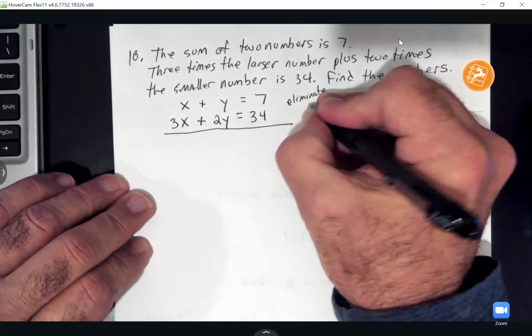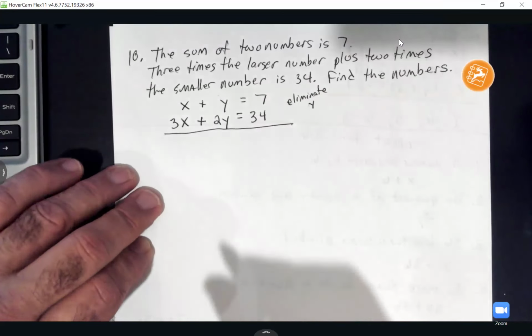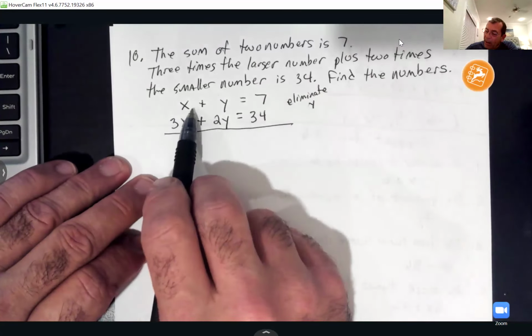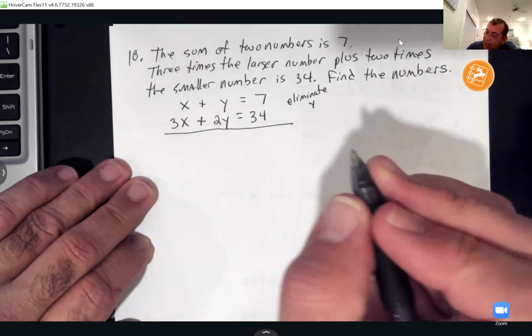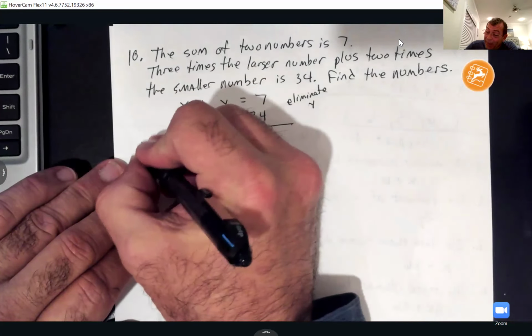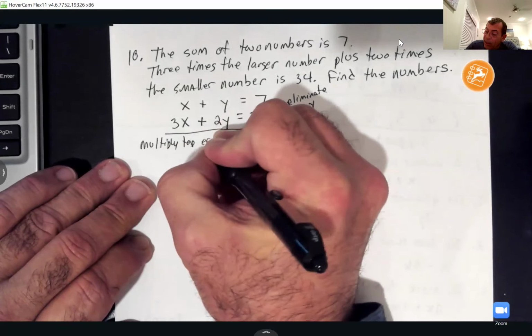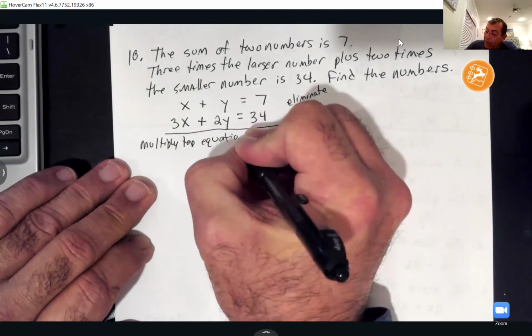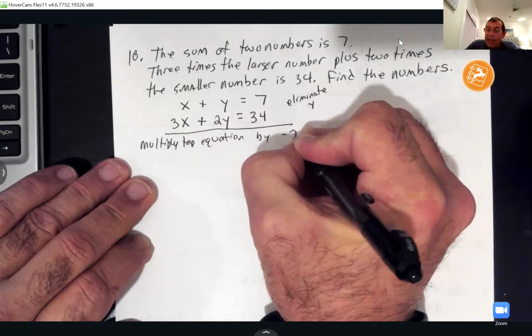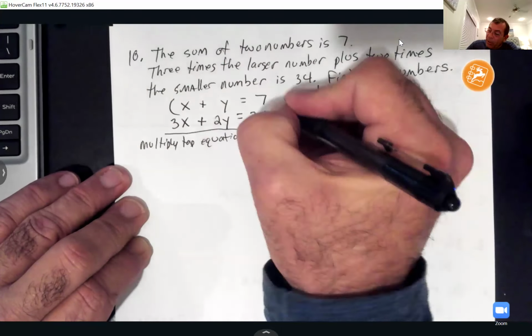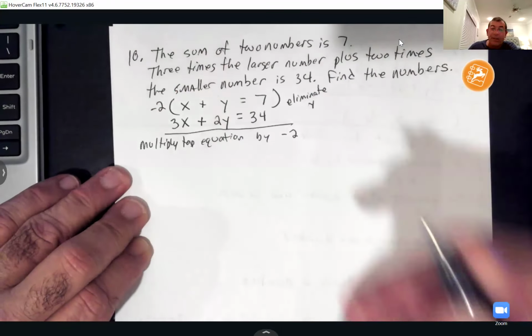The Y's, okay, so they're easier, right? So to eliminate the Y, I'm going to multiply the top equation by -2. So we're just going to multiply the whole thing by -2.